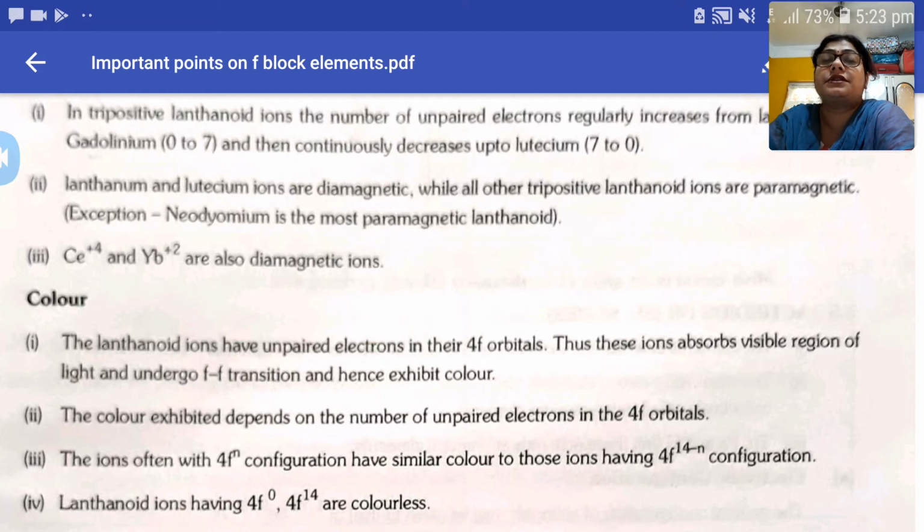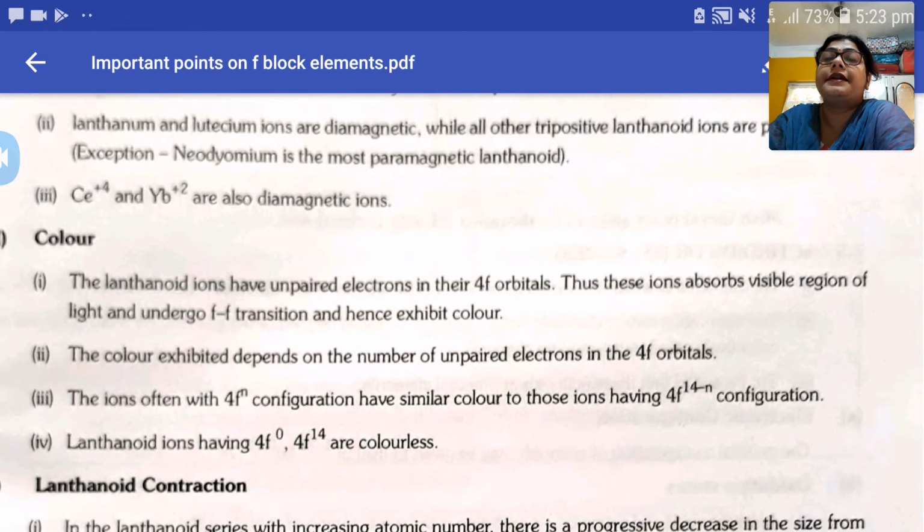Similarly here the transition is f-f transition, and because of the presence of unpaired electrons in the 4f orbitals, the lanthanide ions show color. The color exhibited, and how intense it is, depends upon the number of unpaired electrons in the 4f orbitals.